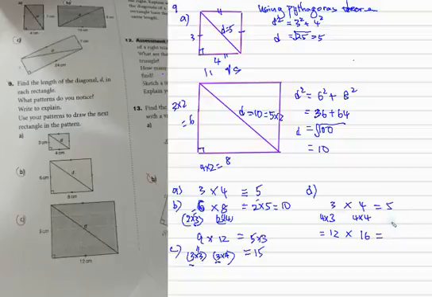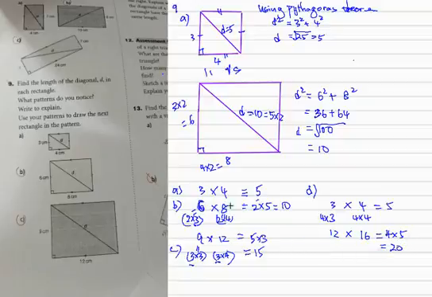And then the diagonal, this is 4 times 4, 4 times 3, this one should be 4 times 5, gives me 20. So the final diagram will be, the length and the width will be 12 and 16, and the diagonal is 20.